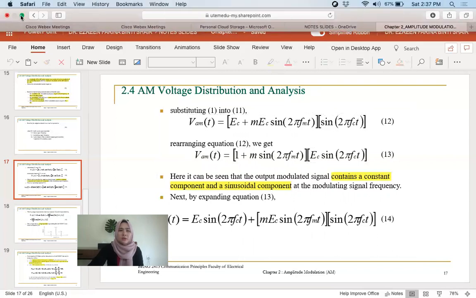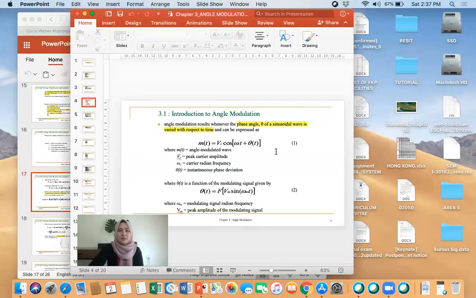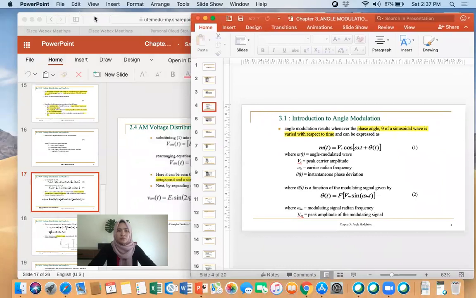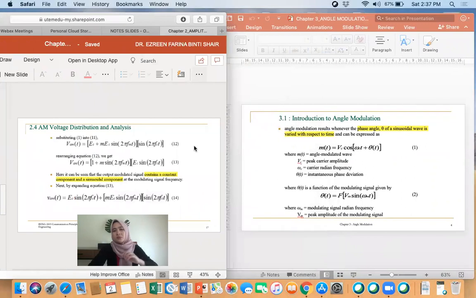And then you compare this with the output for the angle modulated. The concept is the same. You have two inputs. This is the output for angle modulation. This is the output for amplitude modulation.